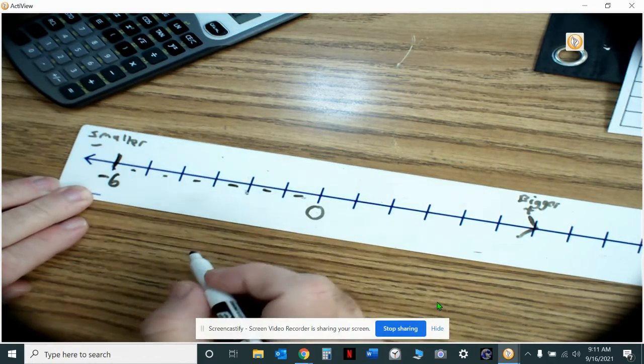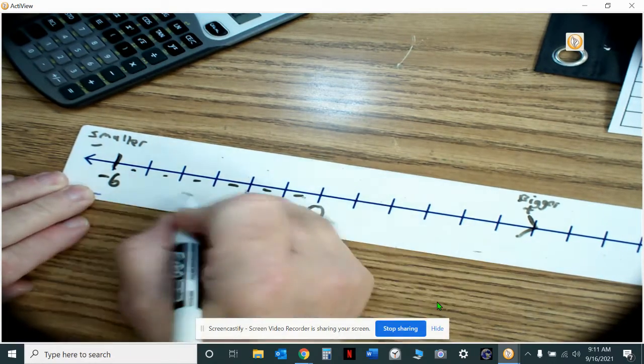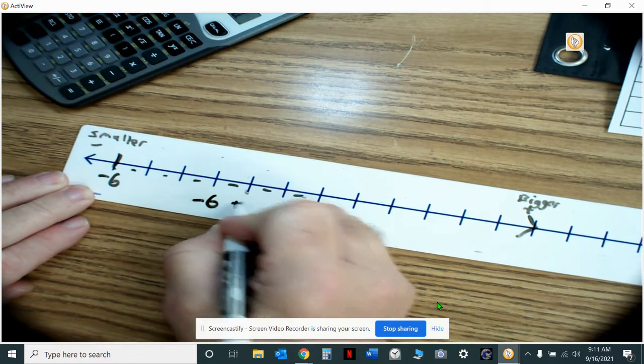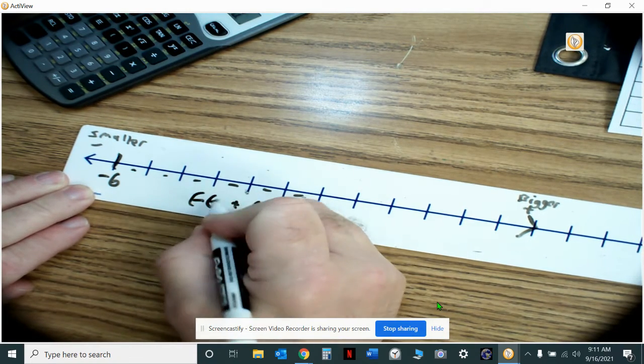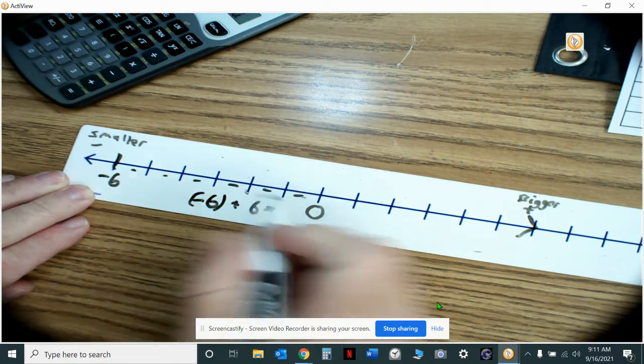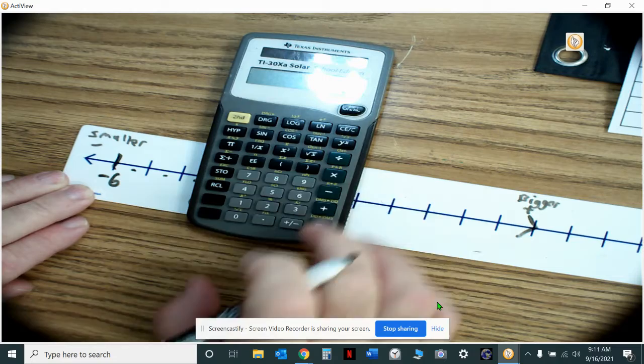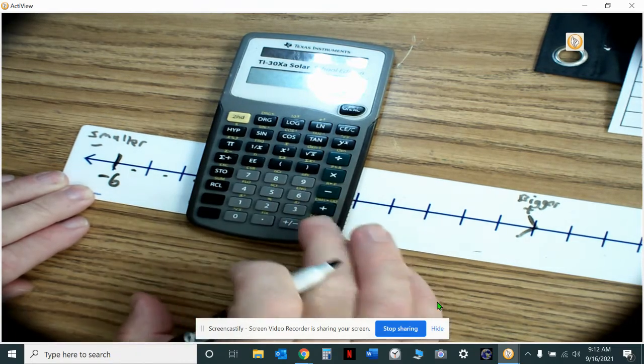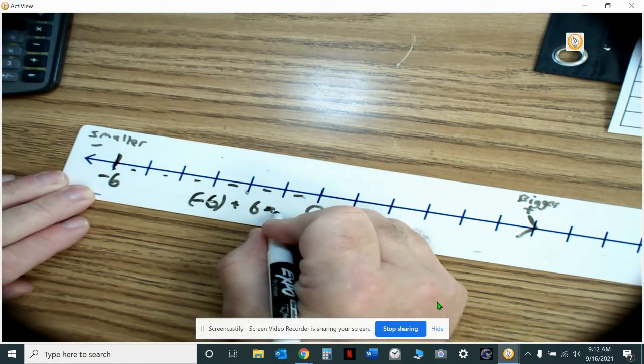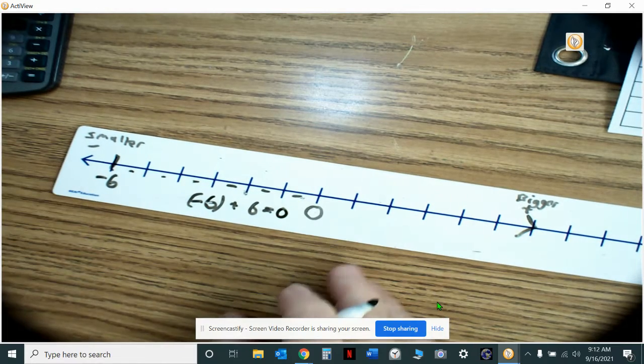It's a positive 6. So look, negative 6 plus 6 equals what? Calculator. 6, change the sign, plus 6 brings me back to 0. So there we are.